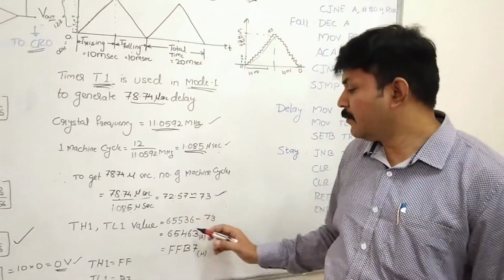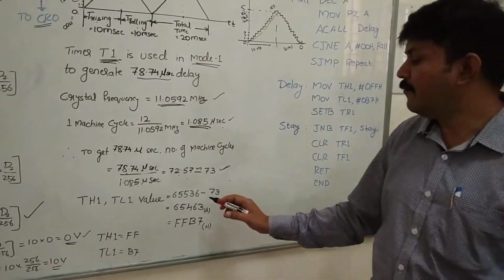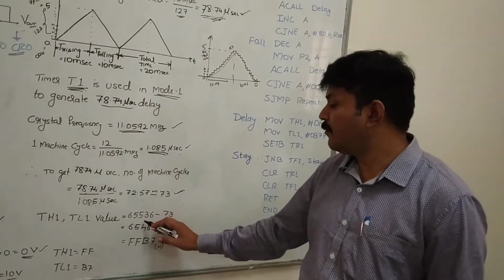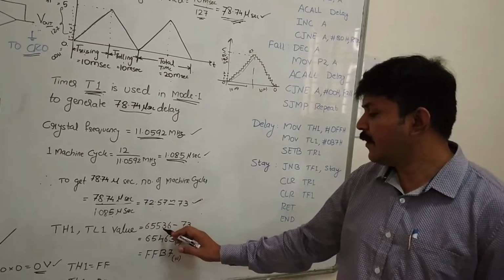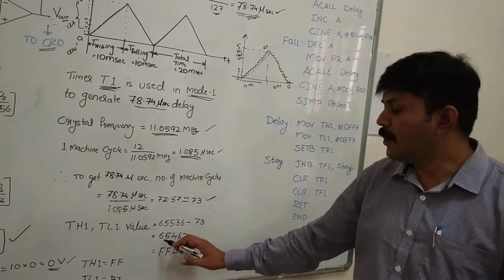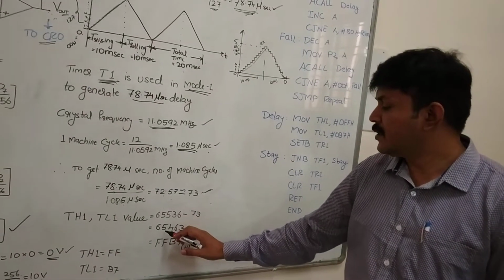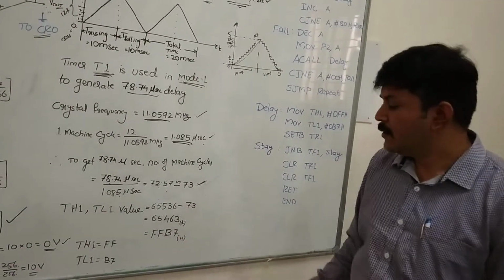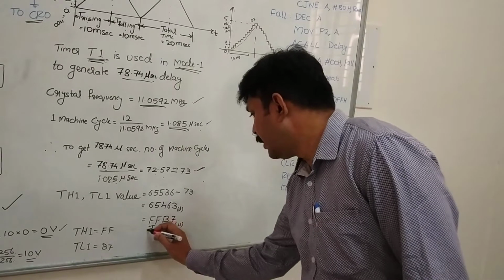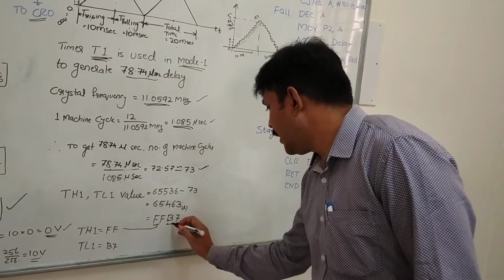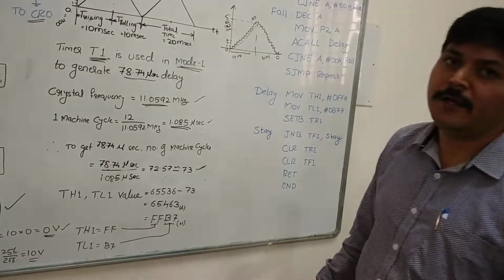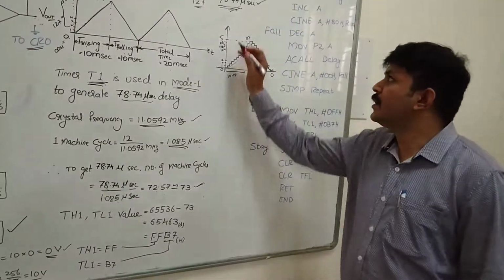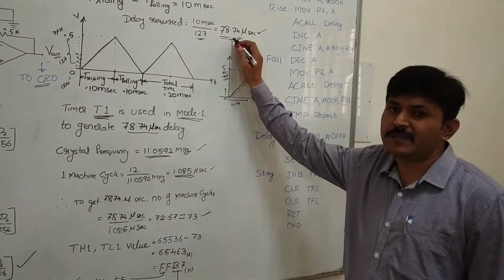When I subtract it from the maximum value, that is 65,536 minus 73, it will be 65,463, which is equal to FFB7. So this higher byte I will load in TH, and this lower byte I load in TL in order to generate a delay of 78.74 microseconds.